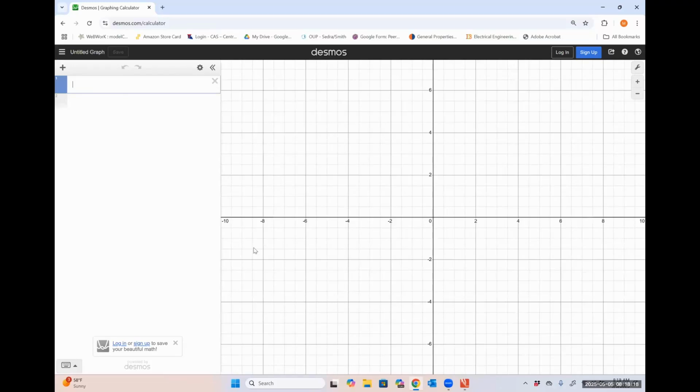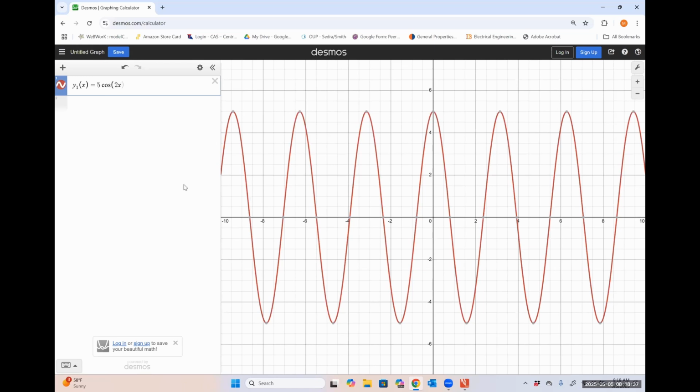So I've got a simple graphing program right here. So let's say that my first signal, y1 of x, is going to be equal to, let's say, 5 cosine 2x. And my second signal, y2 of x, is going to be 5 cosine 2x.